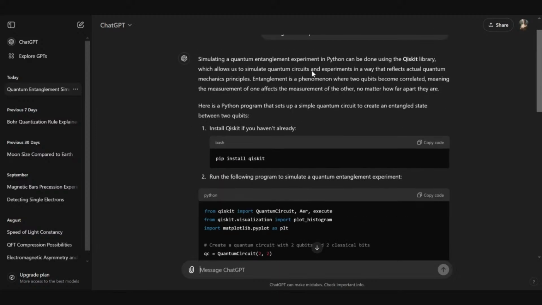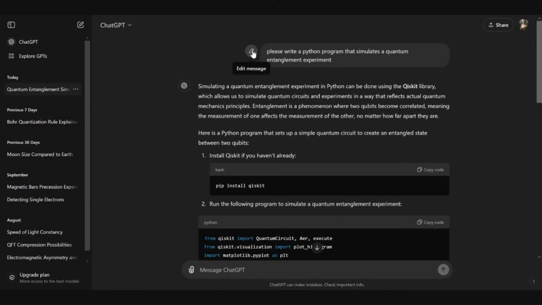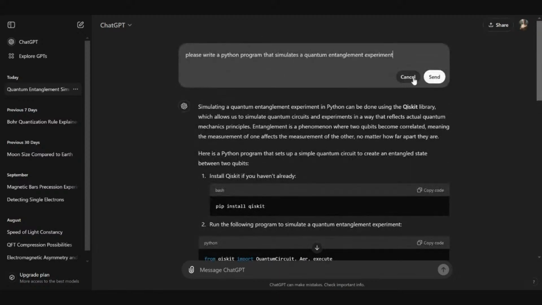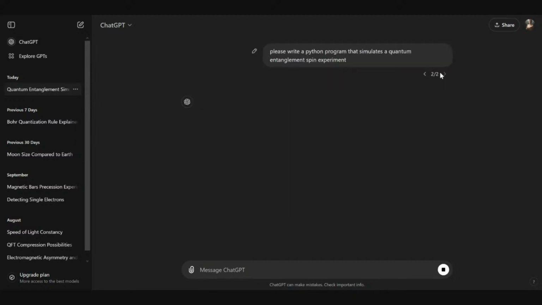Write Python code to simulate entanglement. Let's try to add the word spin.